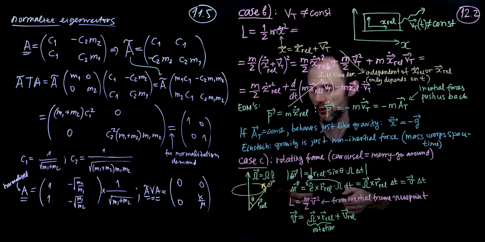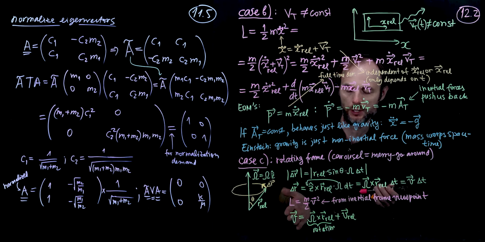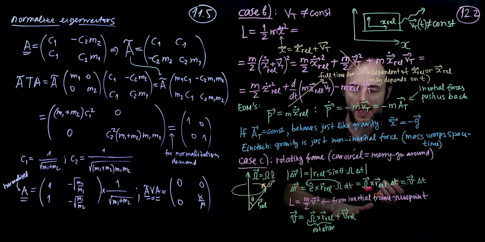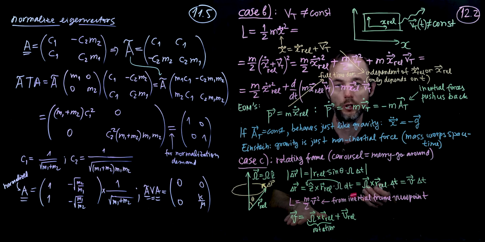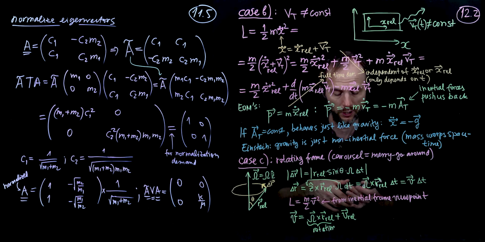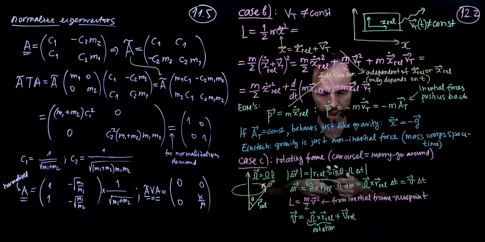So this allows us to switch between the velocity as measured from the point of view of the rotating frame to the velocity as measured from the point of view of the inertial or the lab frame.